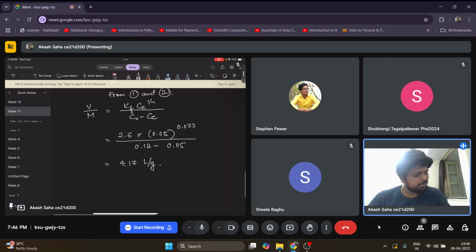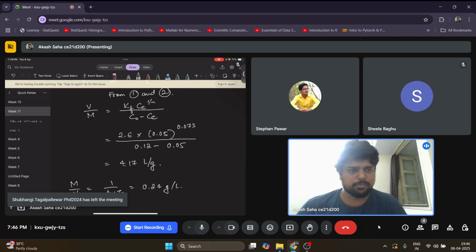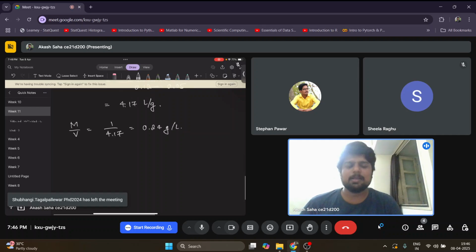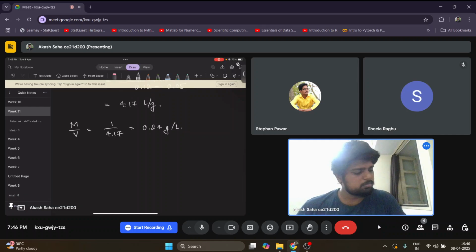So once we get V by M, we can calculate M by V, that is nothing but 1 by 4.17, so it will be around 0.24 gram per liter. Once we get the mass per volume, the amount of activated carbon required will be 0.24 gram per liter into 4000 meter cube per day.